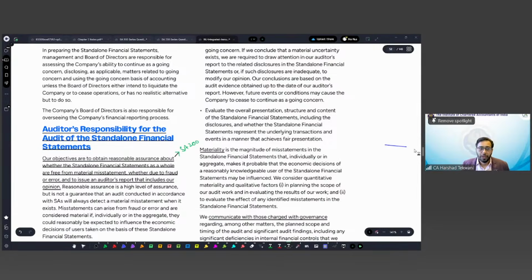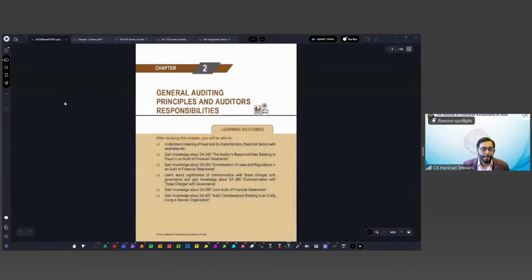Yes, sir. Now, when I talk about your chapter number 2, that is general auditing principles and auditor's responsibility. Some of the responsibilities of the auditors are covered over here. Responsibility with respect to fraud, laws and regulations, communications. We will understand what the auditor's responsibility is in case of joint audit and in case of a service organization.